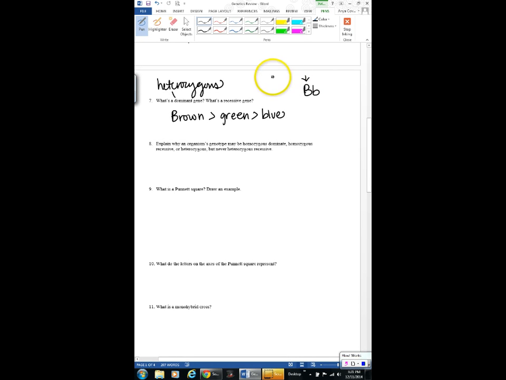But in this case, this one is going to be dominant, and this is going to be recessive. And so recessive is always the trait that's being carried, and dominant's always the one that's being expressed. Okay, so dominant expressed, recessive carried.